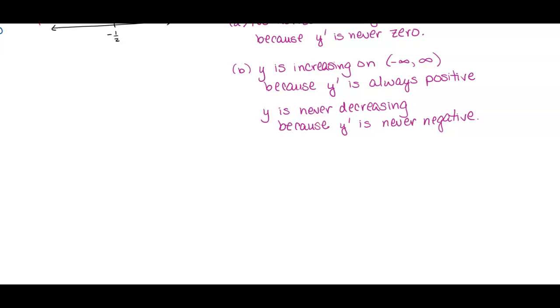I'm writing y is increasing on the interval from negative infinity to infinity, the entire real number system. y is always increasing because y prime is always positive. Now that's probably enough, but if there's a question that is specifically asking where is y decreasing, then you would need to say y is never decreasing because y prime is never negative.